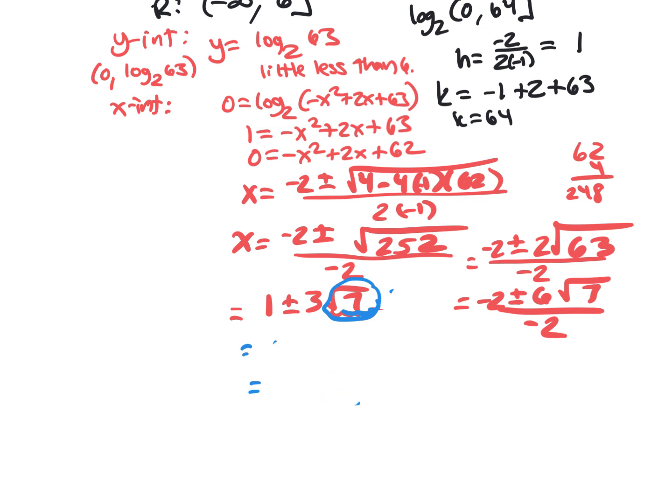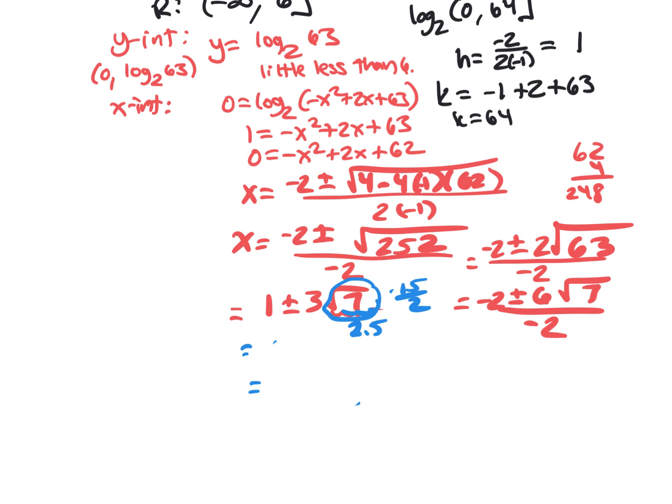Okay, so this, we said it was between 2 and 3. So I said, let's call it about 2.5, which is 5 halves. So if I make this a fraction, this would be about 15 halves, when I multiply 5 halves times 3.